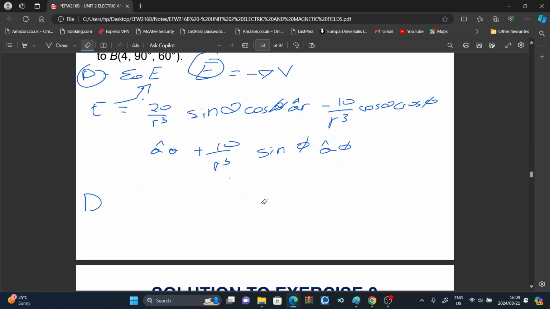Then your final answer should be, we can say, epsilon times 20 over 8 times our unit vector AR. We will not multiply it out, but if you multiply it out, it will be the AR unit vector picocoulomb per meter squared.